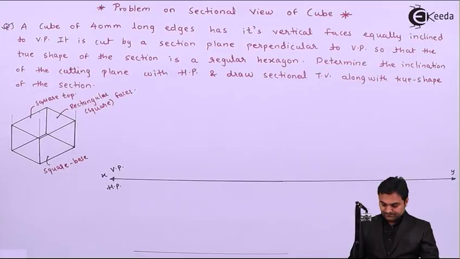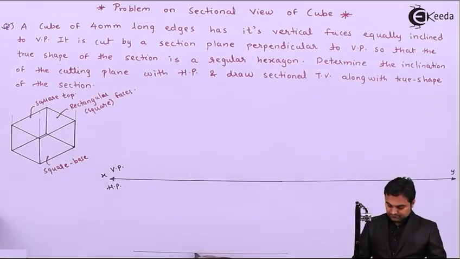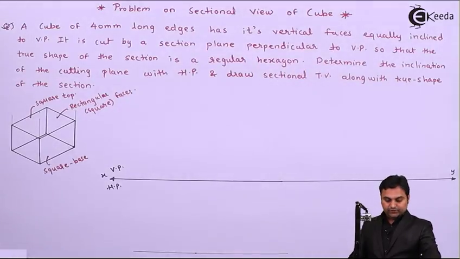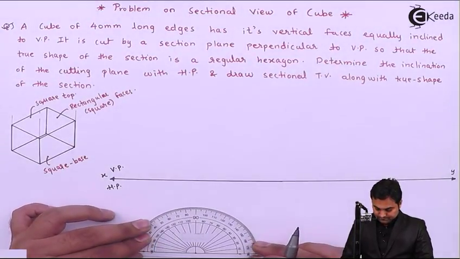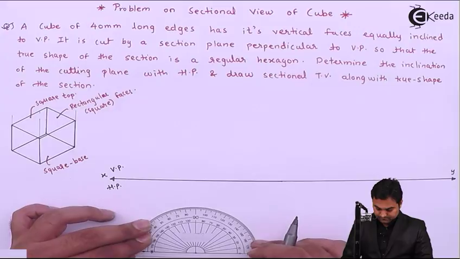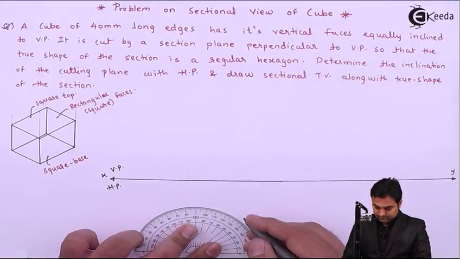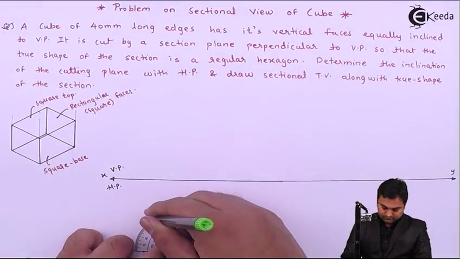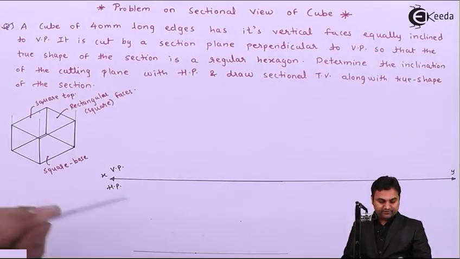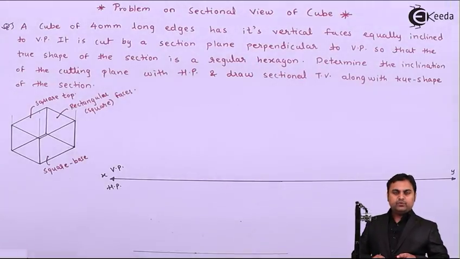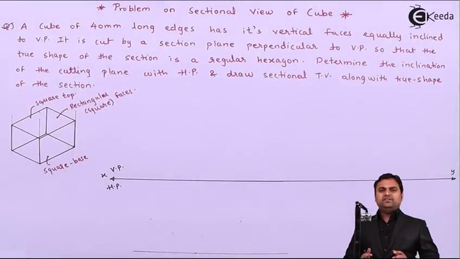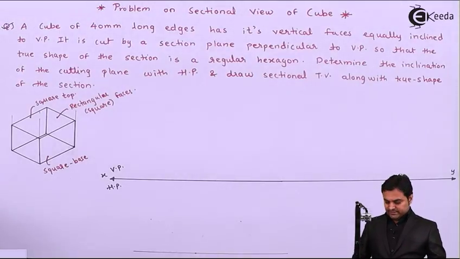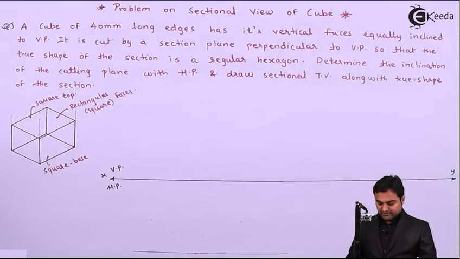drawing a light line, taking a point over it, measuring 45 degrees, because it is a square and if it is resting on a corner, the edges are equally inclined at 45 degrees, so the corner should be here.